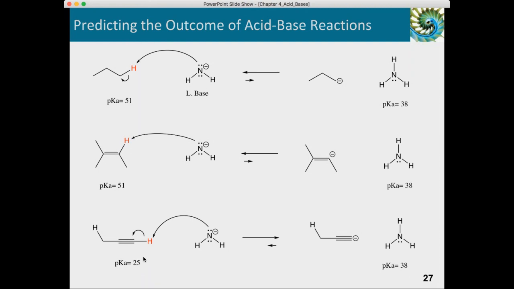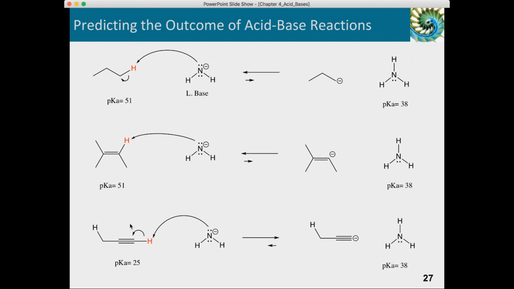So indeed, because the alkynes are way more acidic than alkenes and alkanes, you can deprotonate an alkyne using a very strong base such as an amide. Why is that? Because the conjugate acid of that base is less acidic as compared to the alkyne.